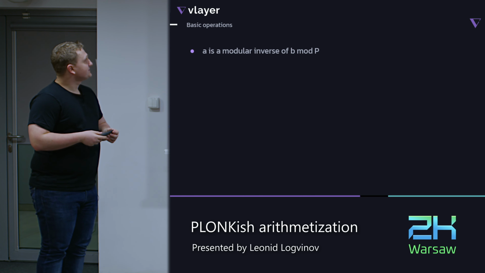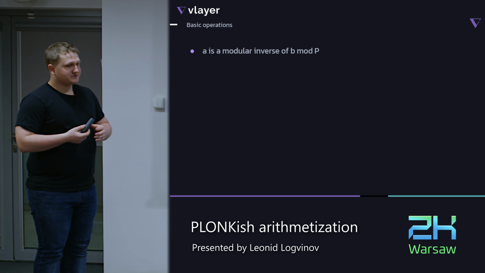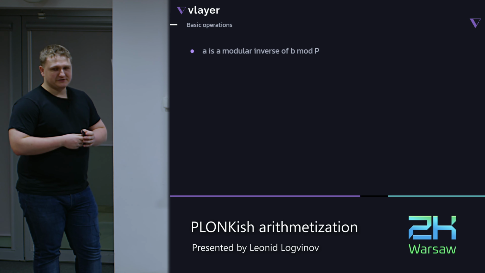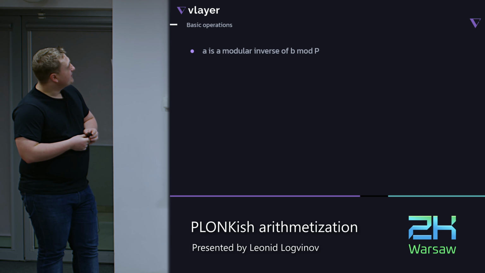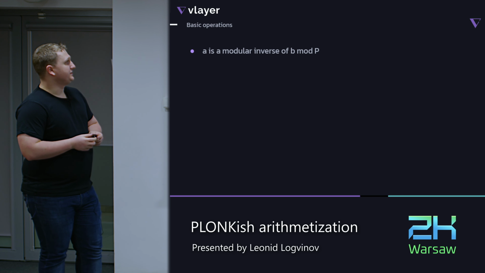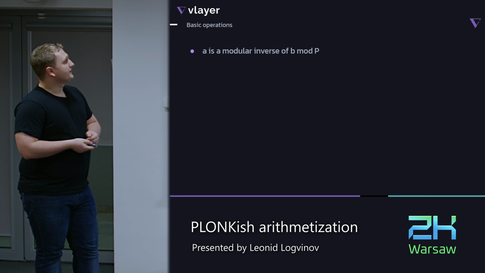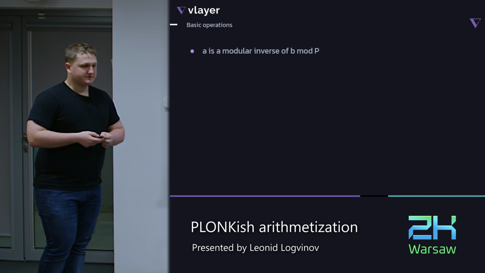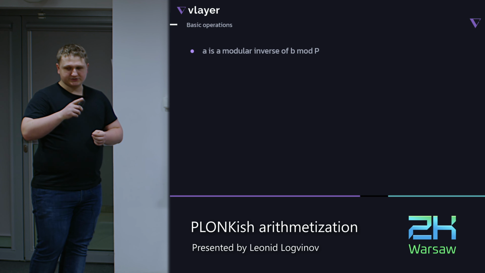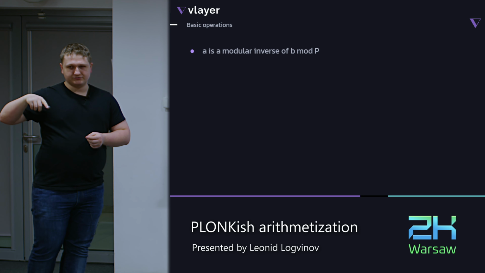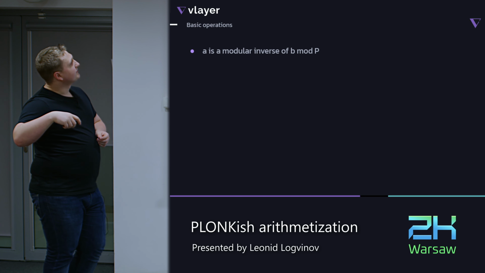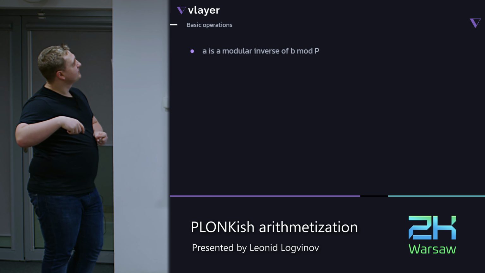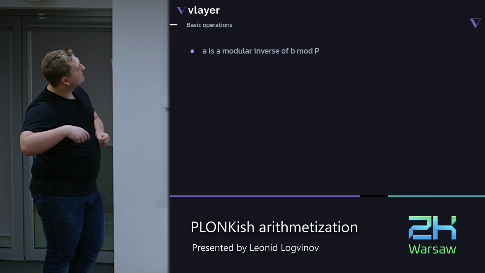The simplest program we can do is to check that A multiplied by B is equal to C, but here we will try to check that A is the modular inverse of B modulo P. We can do that in two ways. We can use Fermat's little theorem and just do multiplications to raise B to the power of P minus 1.